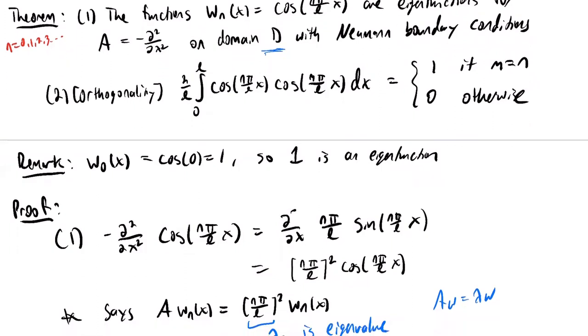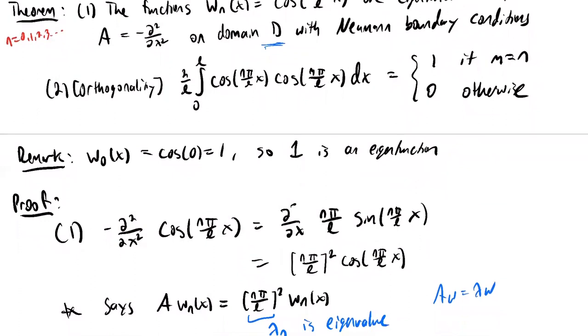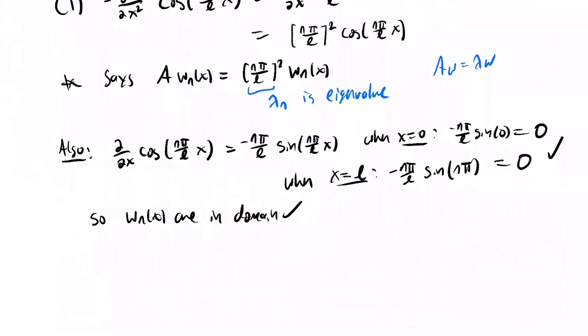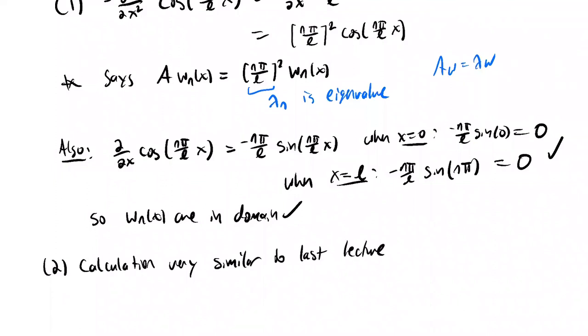I'm going to omit that from this lecture, but if you want to see this in detail, I can do it during one of the Zoom meetings or in office hours. For part two, it's a calculation that's very similar to what we saw in the last lecture, so I'm not going to do that here.